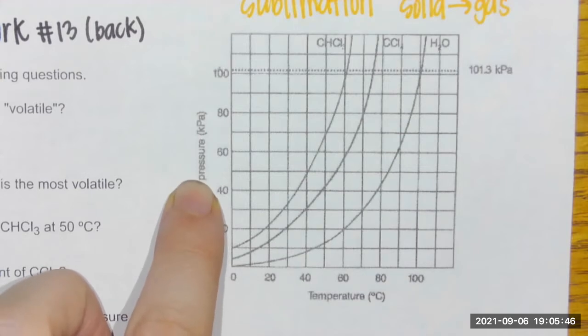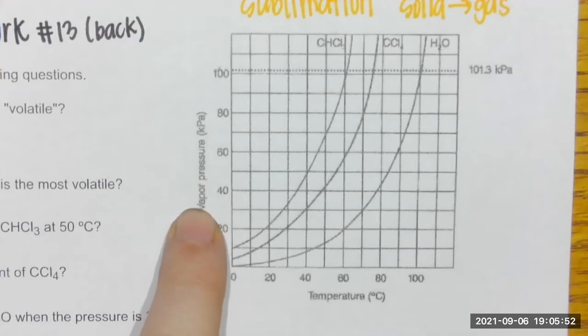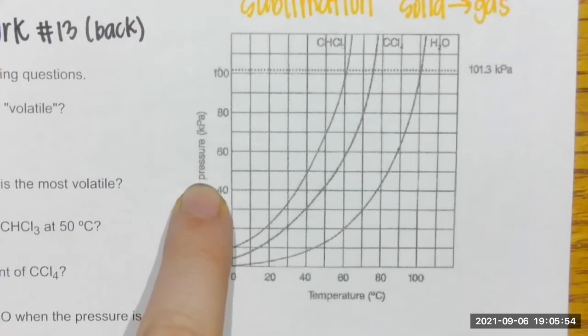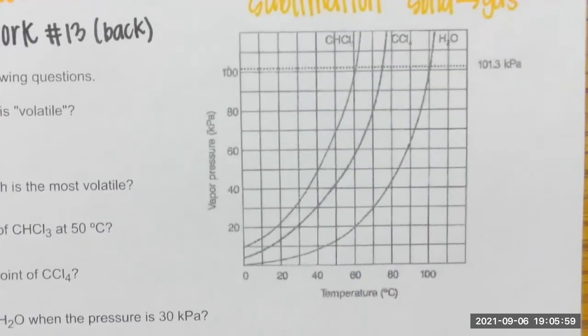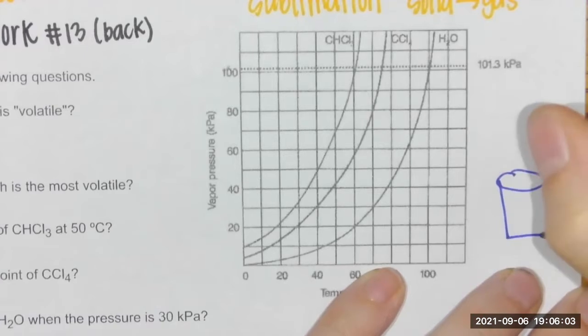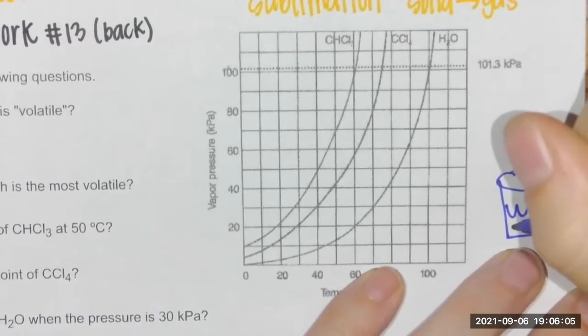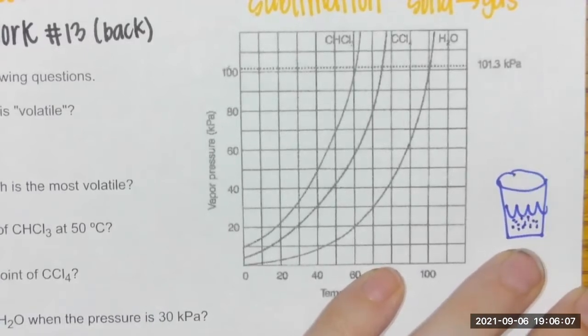Pressure is something that's exerted from gases. Vapor pressure must be the pressure that's caused when the liquid turns into a gas, because the liquid, when it's in liquid state, the liquid in the cup is not exerting pressure.